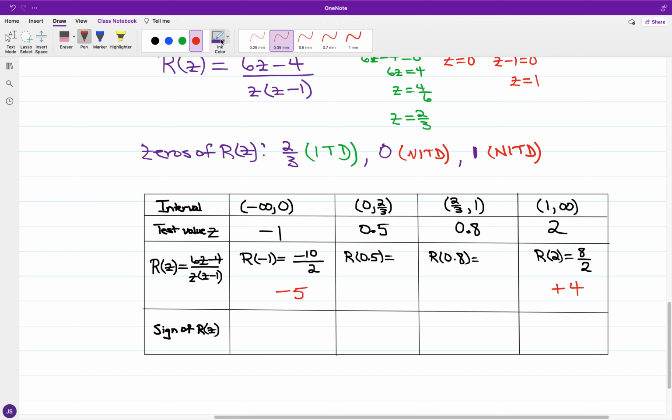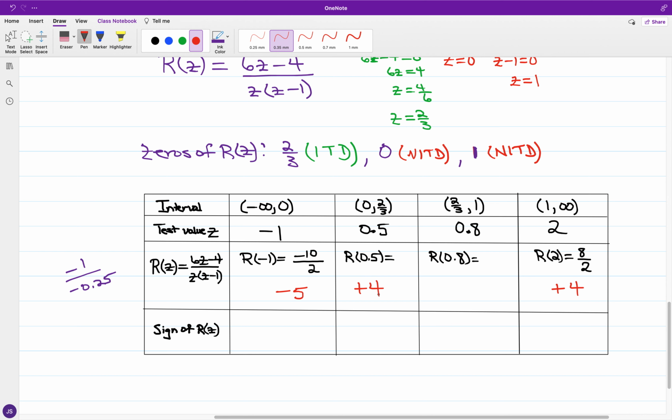And we have the decimals. So you got 6 times a half, which is 3 minus 4, so that'd be -1. And then you have 1/2 times -1/2, so it'll be -1/4. -1 over -0.25 goes to a positive 4.